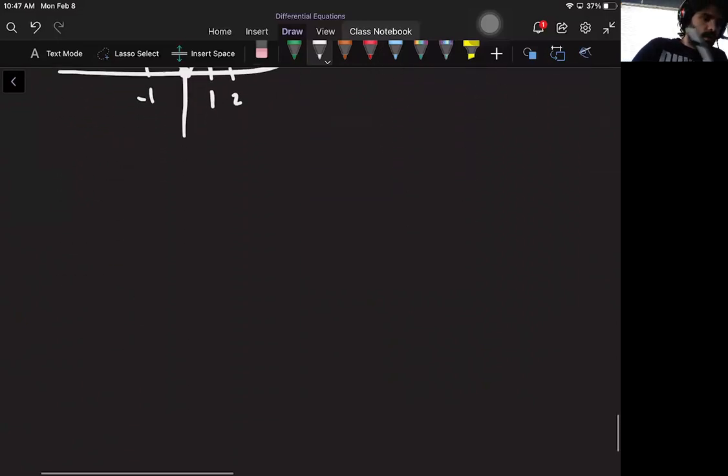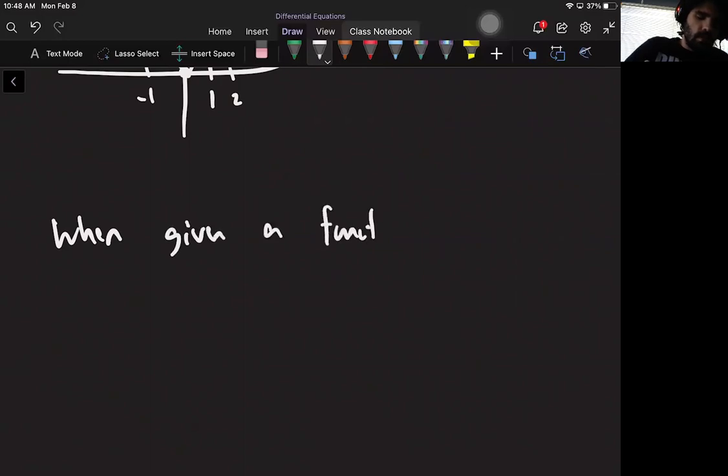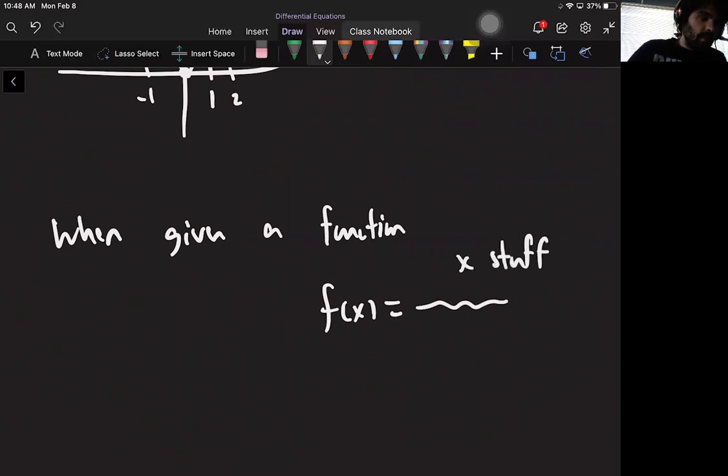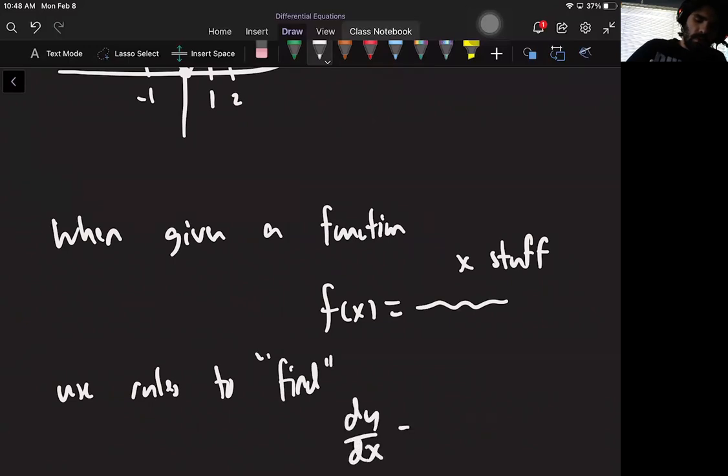So then, a bunch of the stuff you do in calculus is you're just given a function. It's got a bunch of stuff with x in it. And then you use a rule to find this.